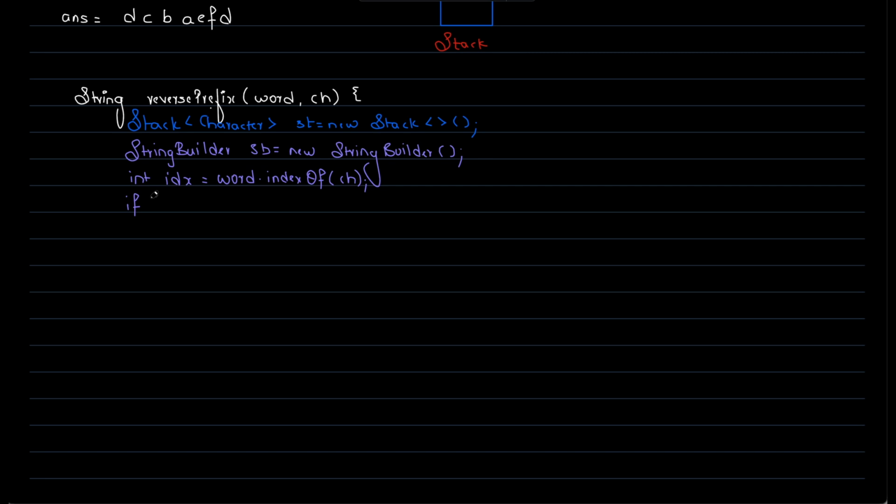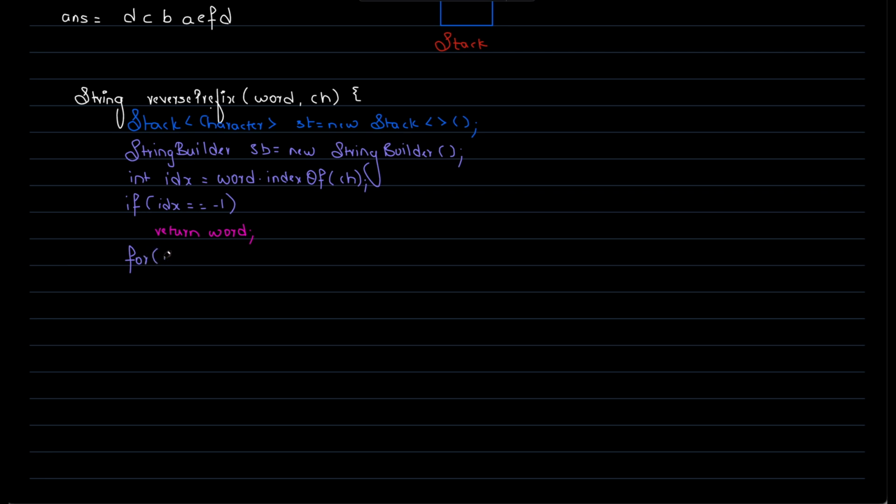So I'll have an if case so that if index is equal to -1, then I simply return the word only. So return word. I don't need to reverse anything. But if this is not the case, then I need to push from 0 to index into the stack.